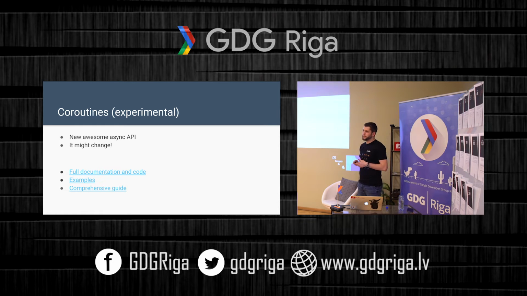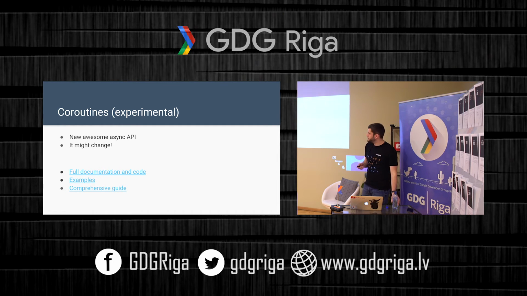The Kotlin team decided to add coroutines, and it's still an experimental API. You can access the full documentation, code, some samples and a huge GitHub page about the coroutines themselves, and the links and slides will be provided after the presentation.